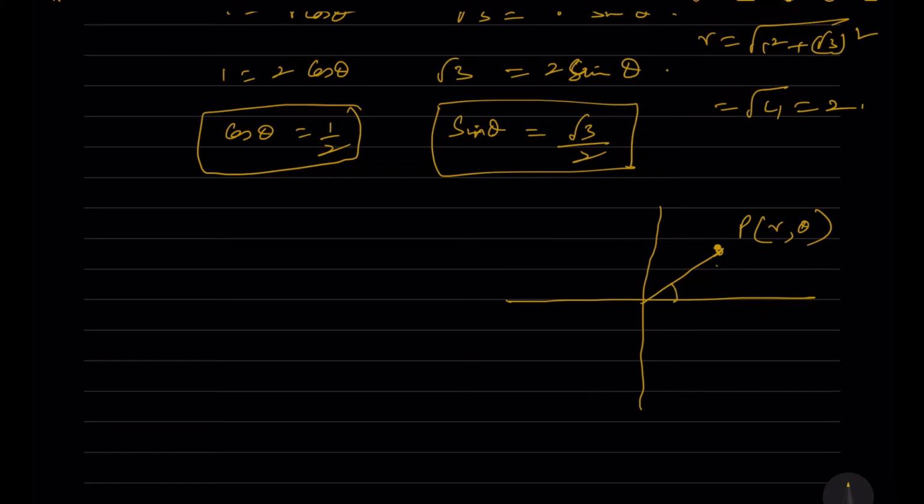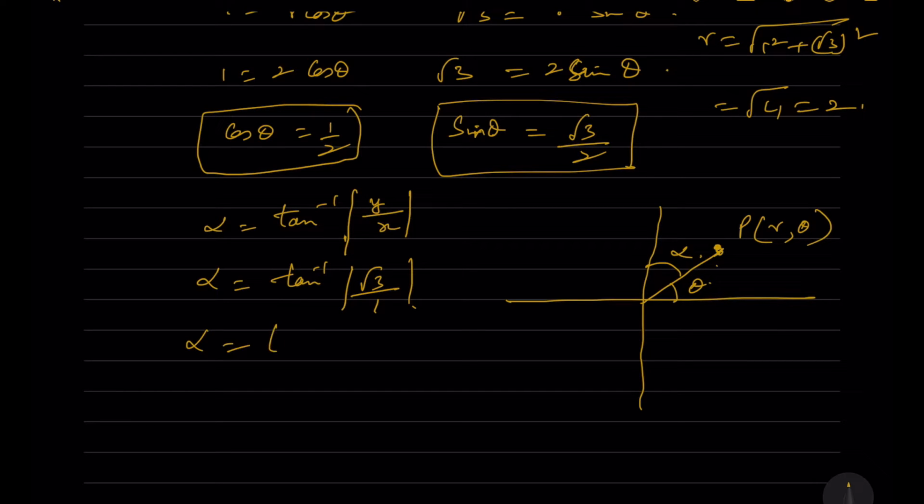So this is theta and this is called alpha over here. Now alpha is equal to tan inverse of root 3 by 1, so alpha is equal to tan inverse of root 3, which is nothing but tan of pi by 3. So these two will get cancelled. Therefore alpha is equal to pi by 3.